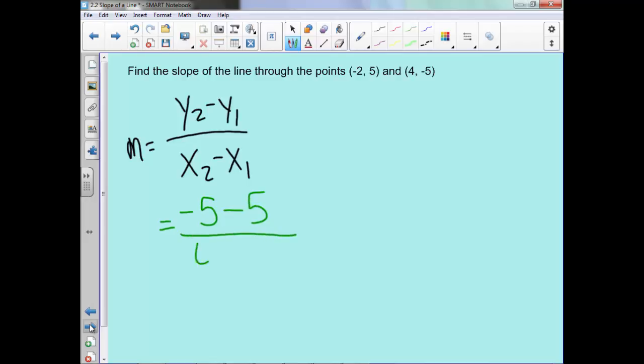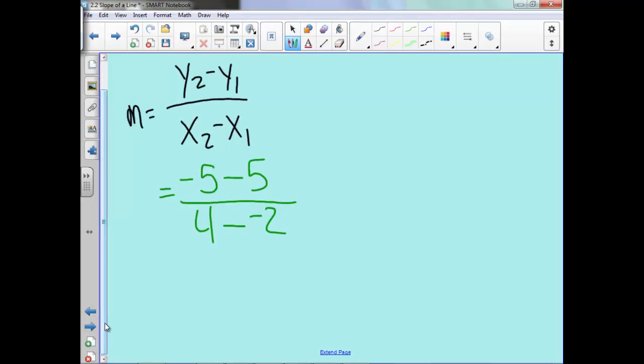Second x-coordinate is 4 minus our first x-coordinate, which is -2. And then we just simplify this. So -5 minus 5 is the same as plus a -5, which will give us -10. 4 minus -2, we can add the opposite, so -10 over 6, and reduce both of them by 2, -5/3.